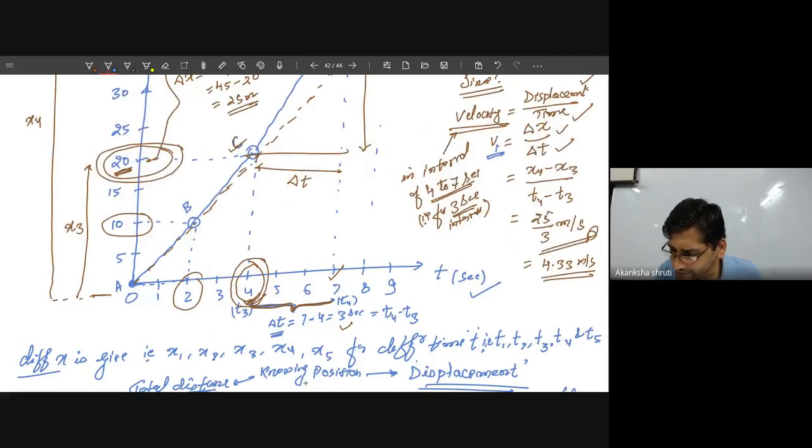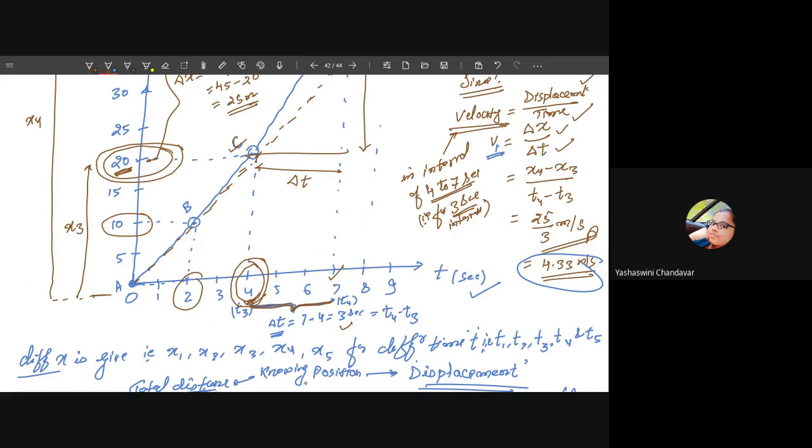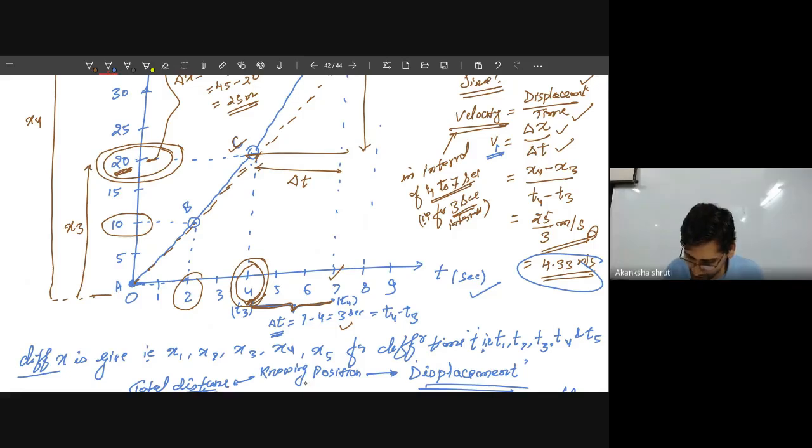Students, what was the velocity there? It was 4.33 meters per second. This was the velocity in the interval of 4 to 7. So let me enumerate all these things.